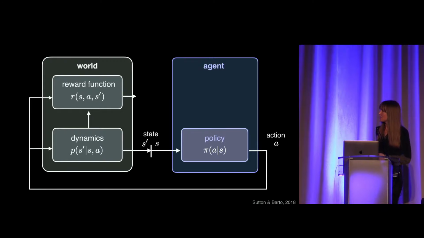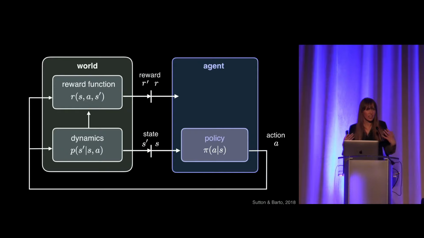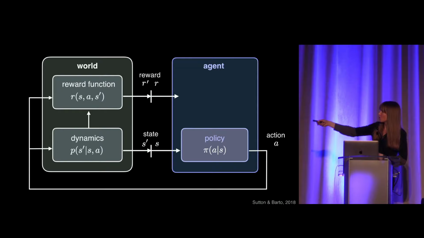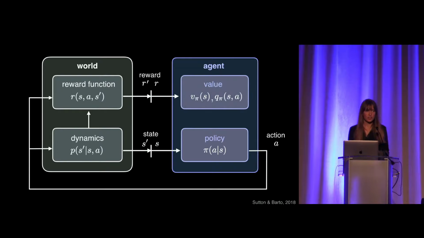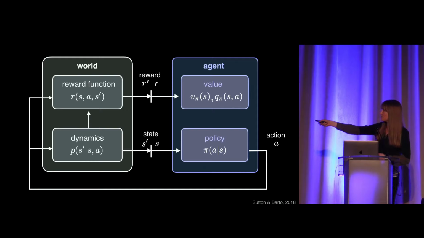This information can then be signaled back to the agent, and the agent can maintain an internal estimate of how good or bad different parts of the world are in terms of the rewards that it receives. We often build up these estimates in terms of what are called value functions.